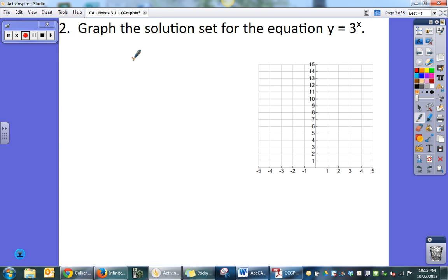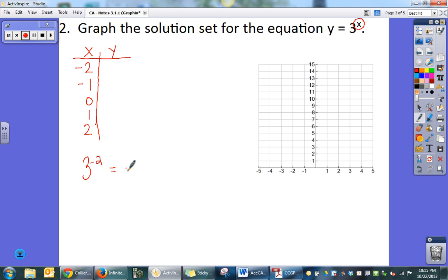For this one, you should recognize that the variable is the exponent, and therefore it's an exponential equation. For this one, we're going to create a t-chart, and I'm going to select some values to plug in. I'm going to plug in -2, -1, 0, 1, and 2 for now. Remember I'm plugging them in as an exponent, so 3 to the -2.